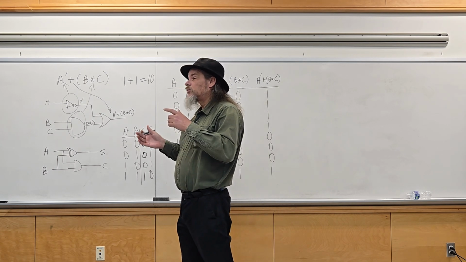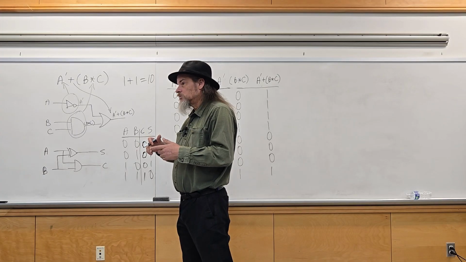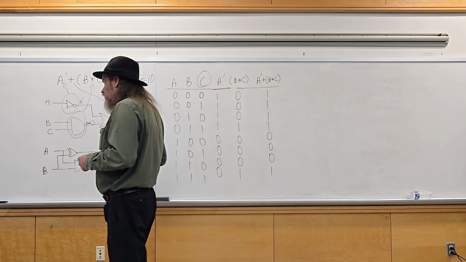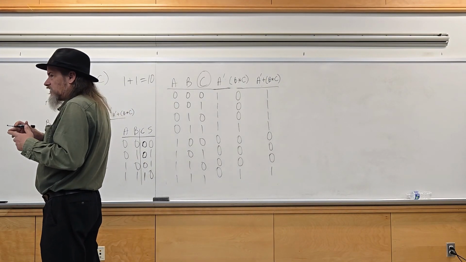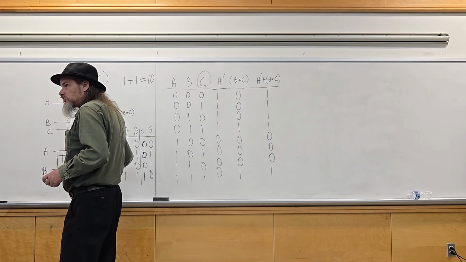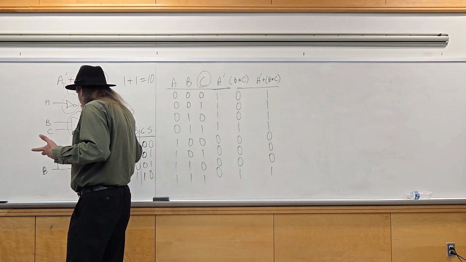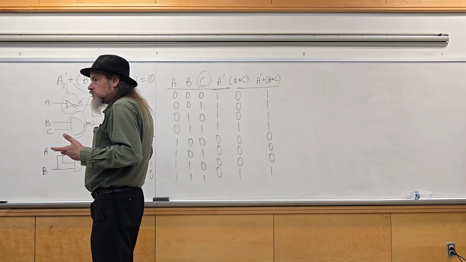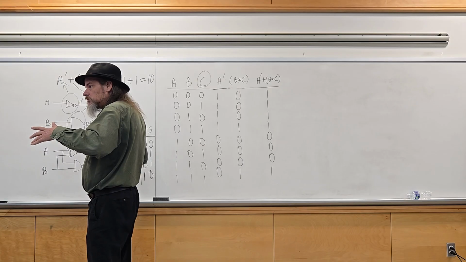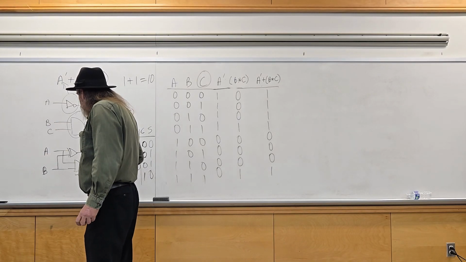No, if you link 2 outputs together... Yeah, you can't link 2 outputs together, the outputs of 2 gates. See, the outputs of these 2 gates do not touch, so that's okay. These 2 gates, the outputs are separate. They're separate wires.